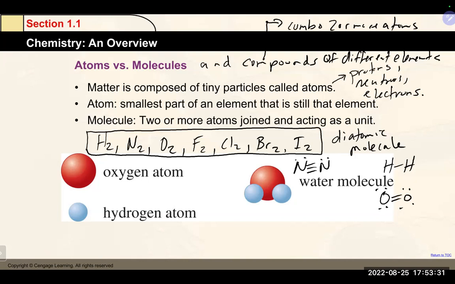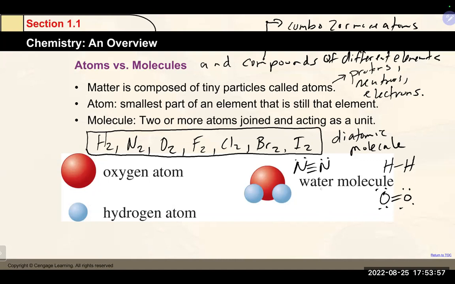Are those guys in boxes compounds? They are not compounds because they are not made up of two or more different elements. They are all made up of the same element, and that's why they're still considered elements. Every other element on the periodic table comes as what is referred to as monoatomic, which means they come as ones, basically.